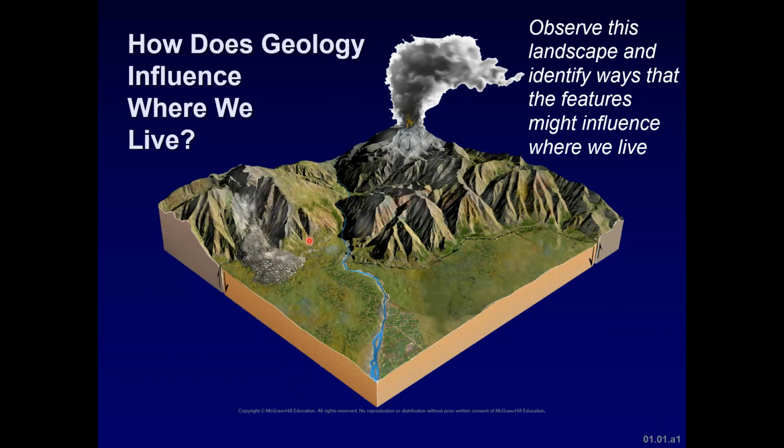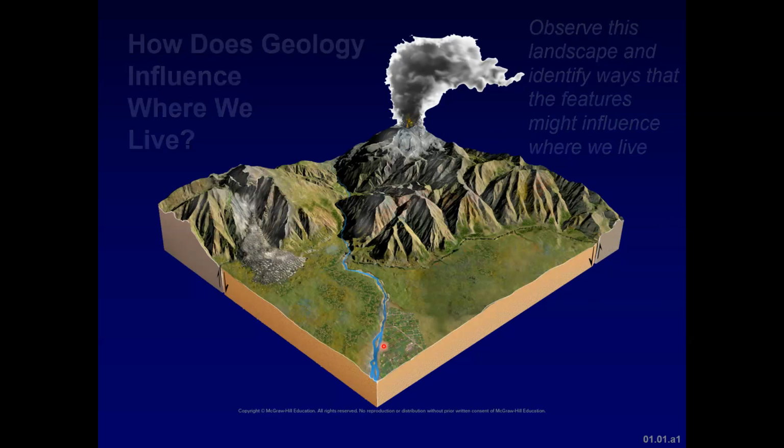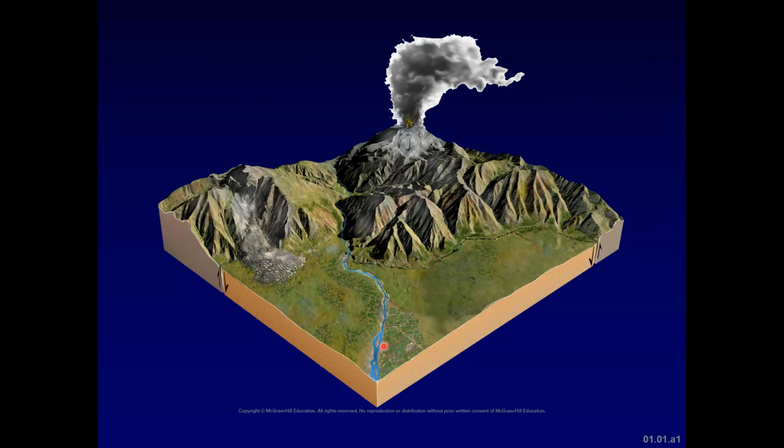We'll jump to this. How does geology influence where we live? Well, this is a block diagram, so you can see a cross-section into the Earth's subsurface here and the surface of the Earth. We'll kind of go one by one. I'd say some of these slopes are far too steep to build anything on. If you do, it's going to move down over time with gravity.